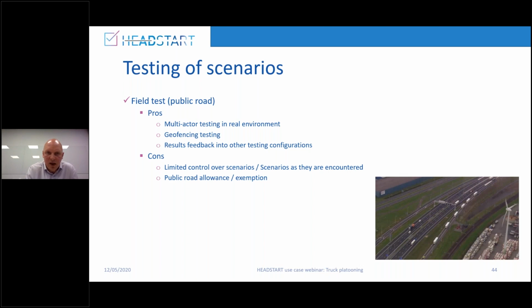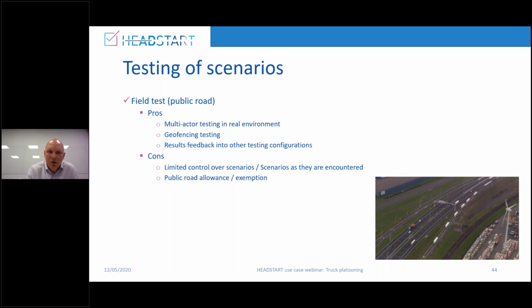So that's also why we could allocate scenarios there. But we believe that field testing, so on the public road, is also an essential part of the assessment. Especially if we look into type approval, for example, we believe that it will also be a part of it. How big? That's of course a very interesting question, but that's something to also be discussed.